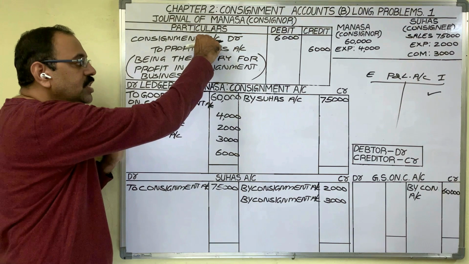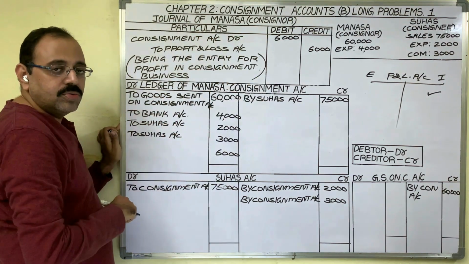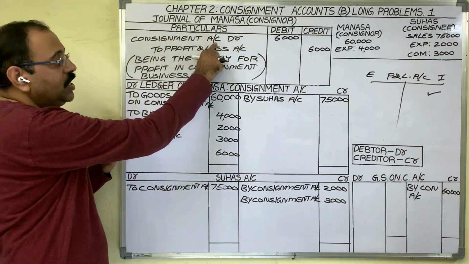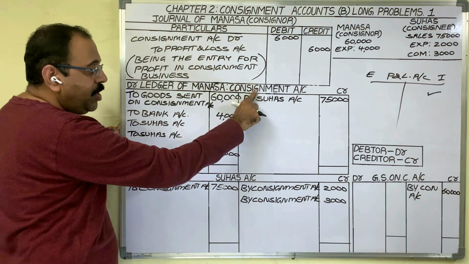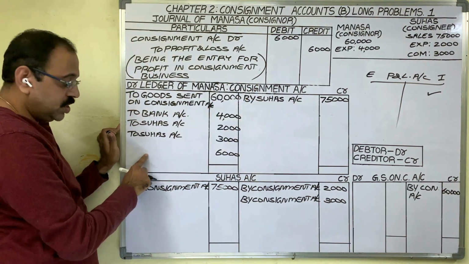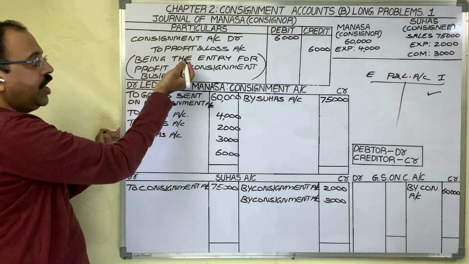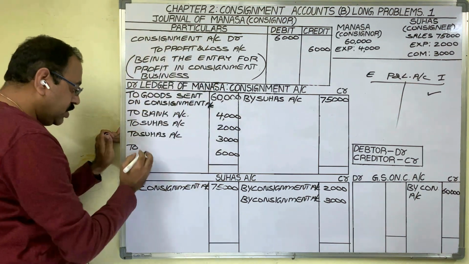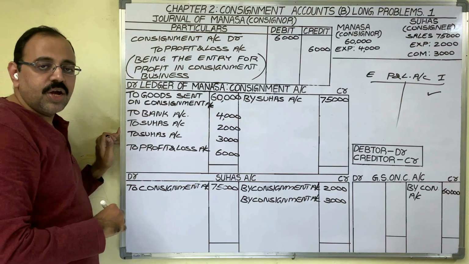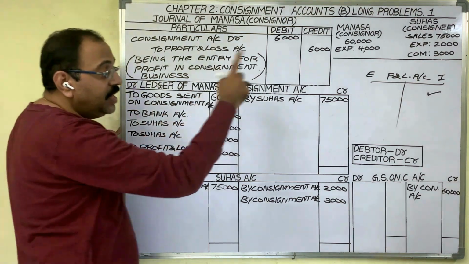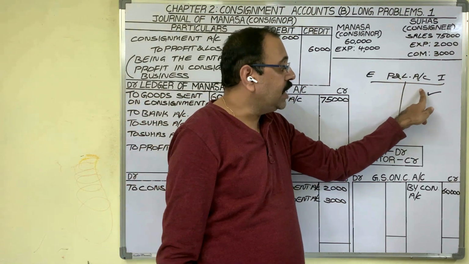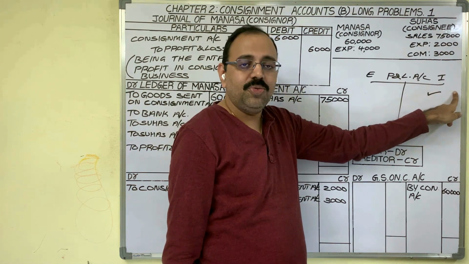Now let us post this entry in these two accounts. Consignment account is debited now. So in consignment account, debit side we should post. What to write? Other account name, profit and loss account. When you prepare profit and loss account, then on the credit side we have to write by consignment account 6,000 rupees.